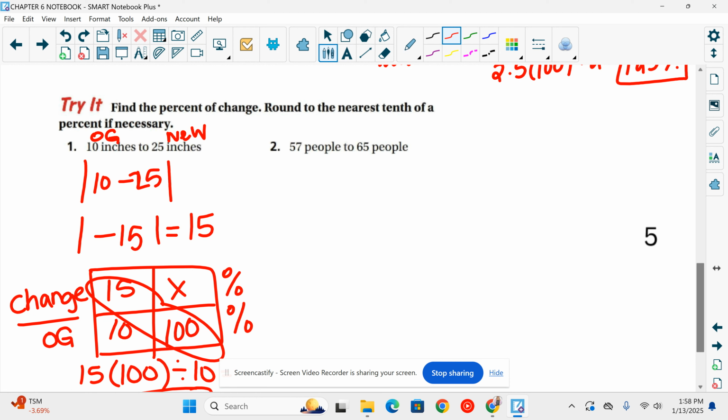Round to the nearest tenth. Remember, the tenth is the place right behind the decimal. There's tenths, hundredths, thousandths. There's no such thing as a one place.